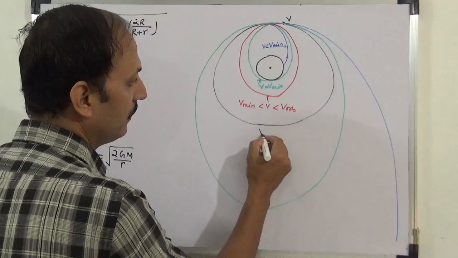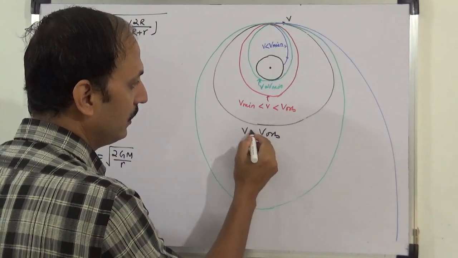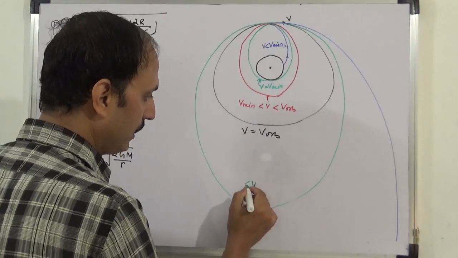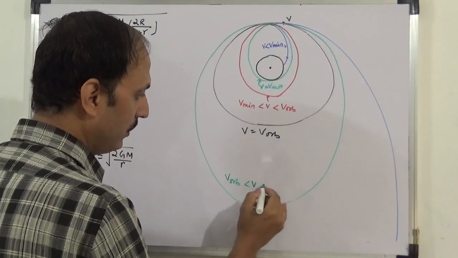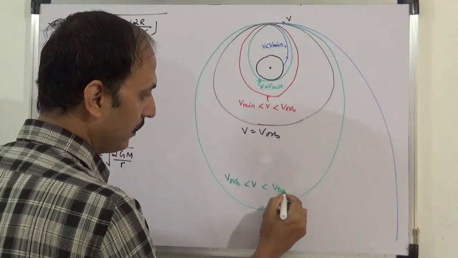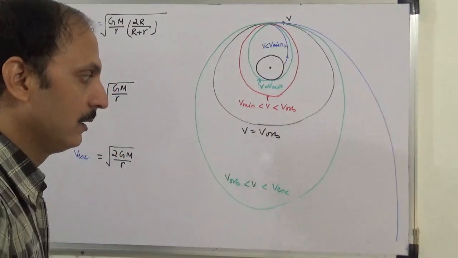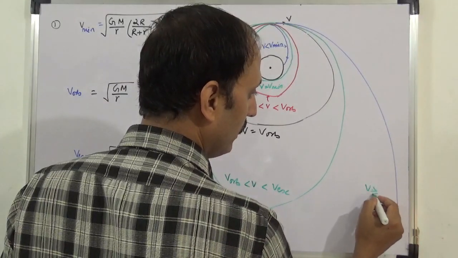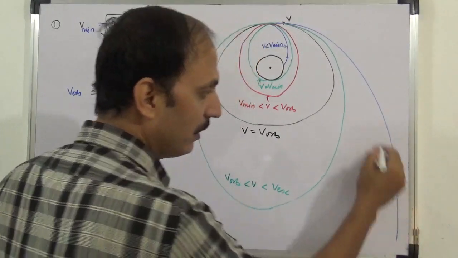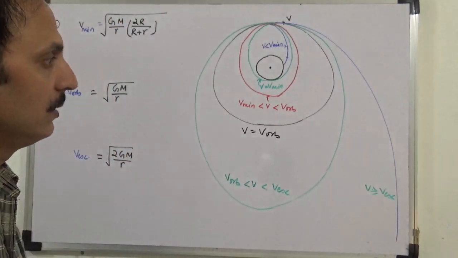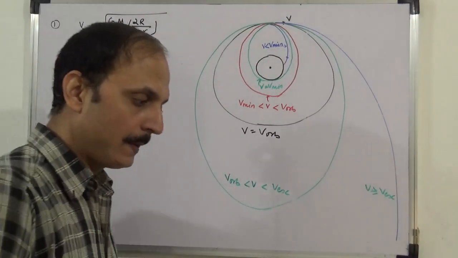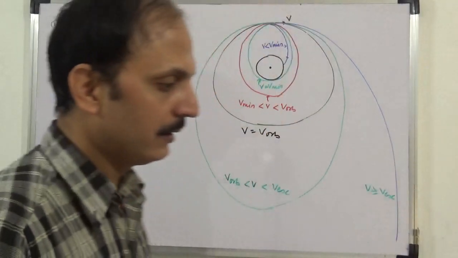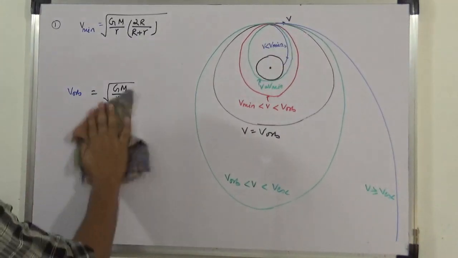This green one is V orbital, V is equal to V orbital. Again, this is V greater than V orbital and less than V escape at that height h. This is V greater than or equal to V escape. Equal is a parabolic path, greater is a hyperbolic path. Okay, so this is the condition for different trajectories that we have done.